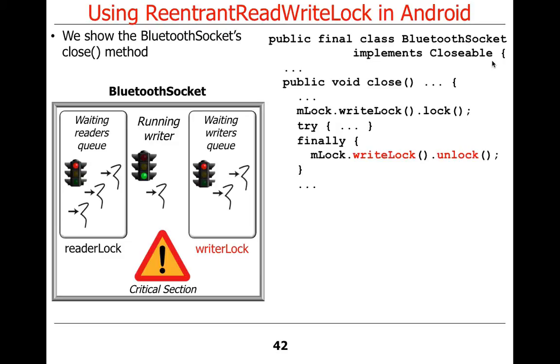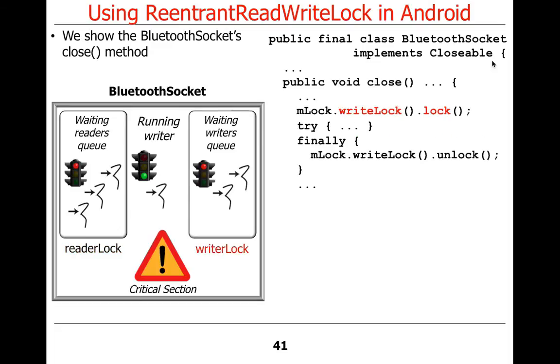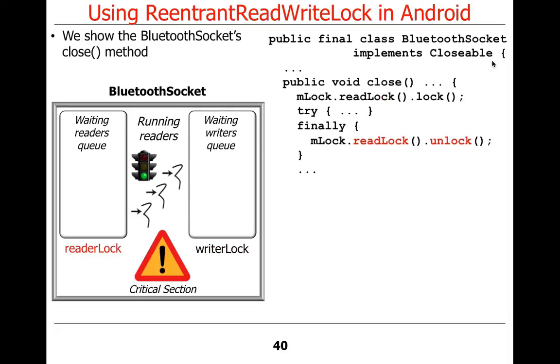Yeah, Jake? Does that mean the read lock or the write lock's nested inside of the read lock? No. If you look back up here, I sort of skipped that part to make it a little easier to see. But this code here is right there. Okay. So we come in, we acquire the read lock. If we've been shut down, we bail out and never acquire the write lock.